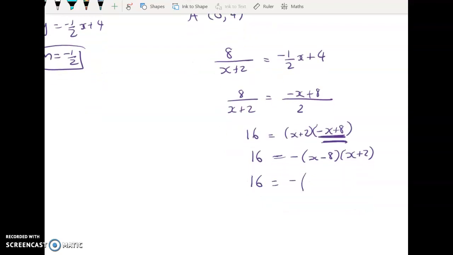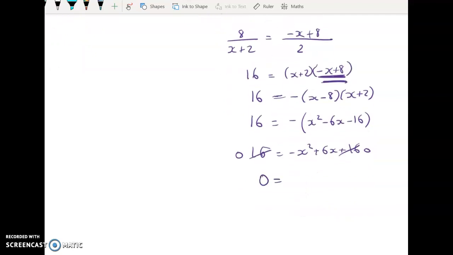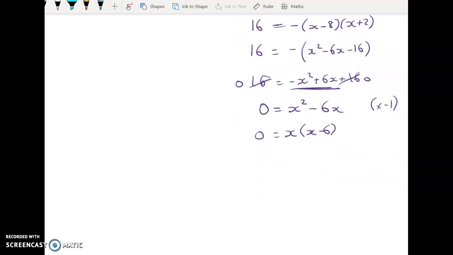I get 16 is equal to -x squared plus 6x plus 16. The 16s simplify away, and that gives me 0 is equal to this, or 0 is equal to x squared minus 6x. That's timesing both sides by -1. Factorising that gives me a nice, very easy factorisable quadratic.